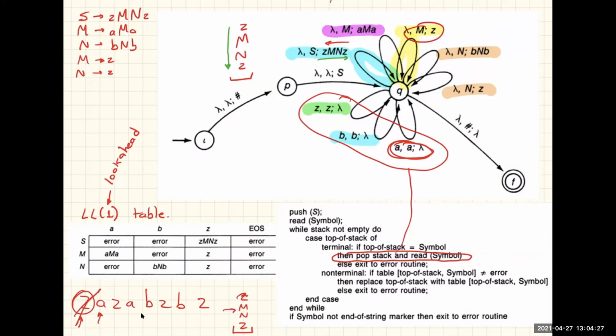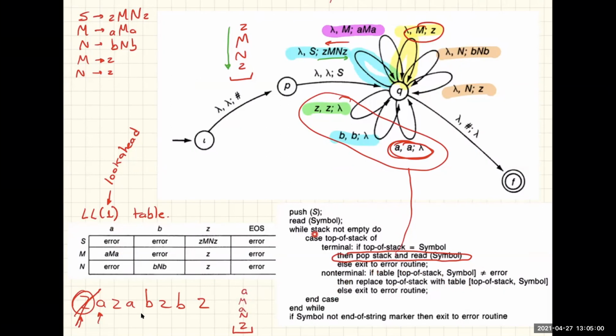Now, for the second case, we have a non-terminal, an M, and then we consult this table. If the top of the stack is an M and the symbol is here, then we have to look up M and A. Then replace top of the stack with table, meaning take out this M and change it for AMA.